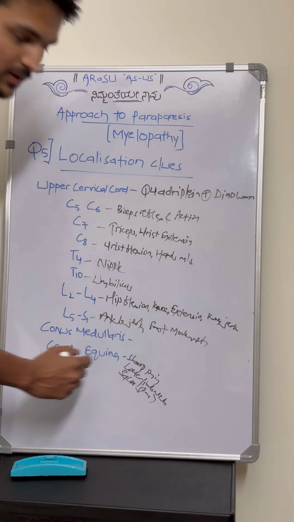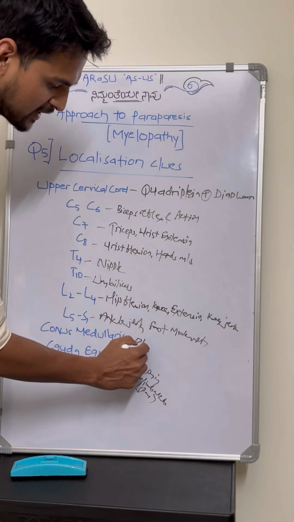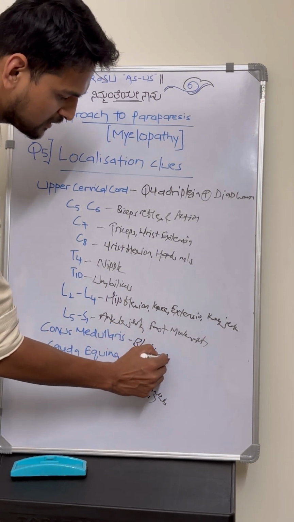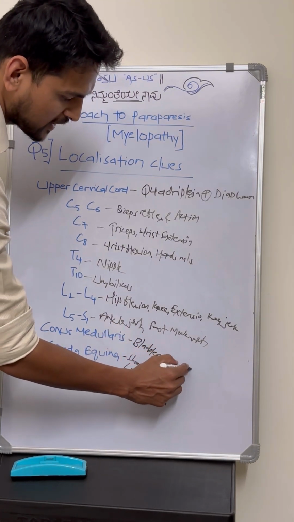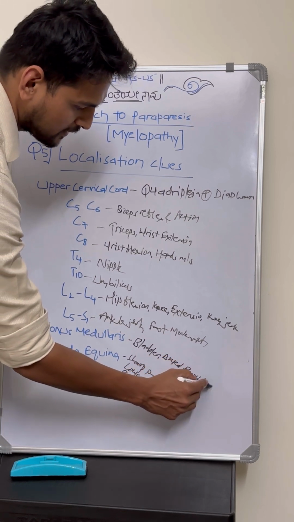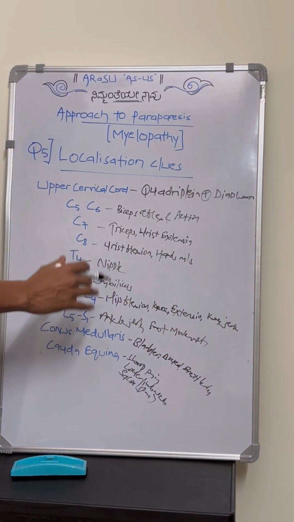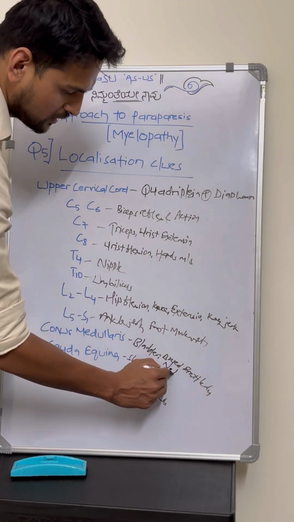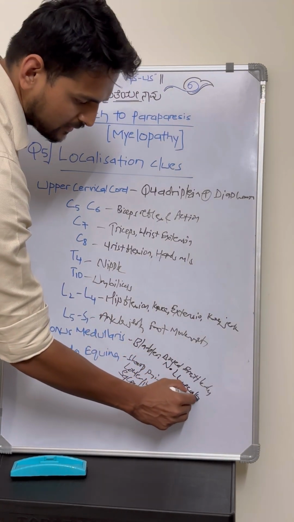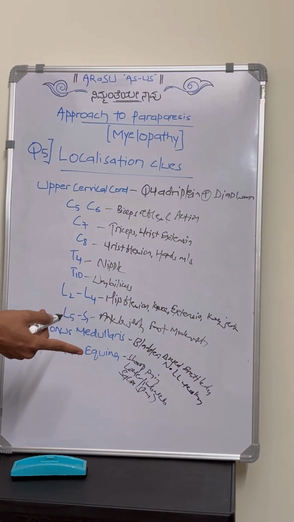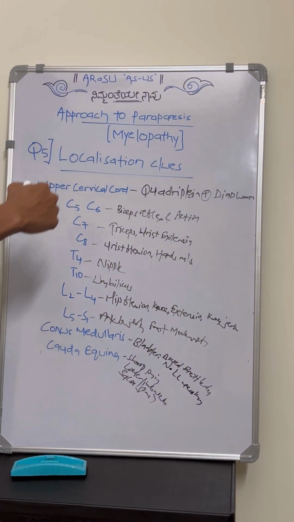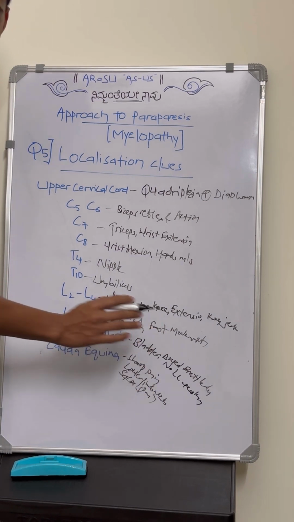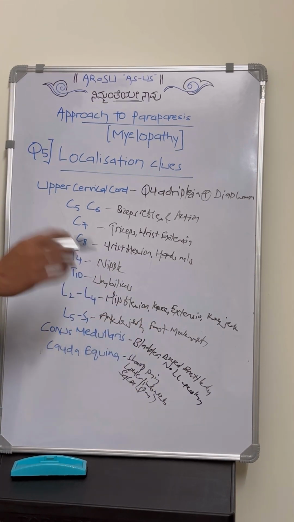So here bladder and bowel involvement will be very early, and there will be erectile dysfunction also. But here lower limb muscle strength will be largely preserved. That we have to remember. No lower limb weakness. Whereas one more syndrome will come, that is epiconus syndrome. So that is a lesion slightly above that. Here lower limb weakness will be seen in epiconus syndrome.